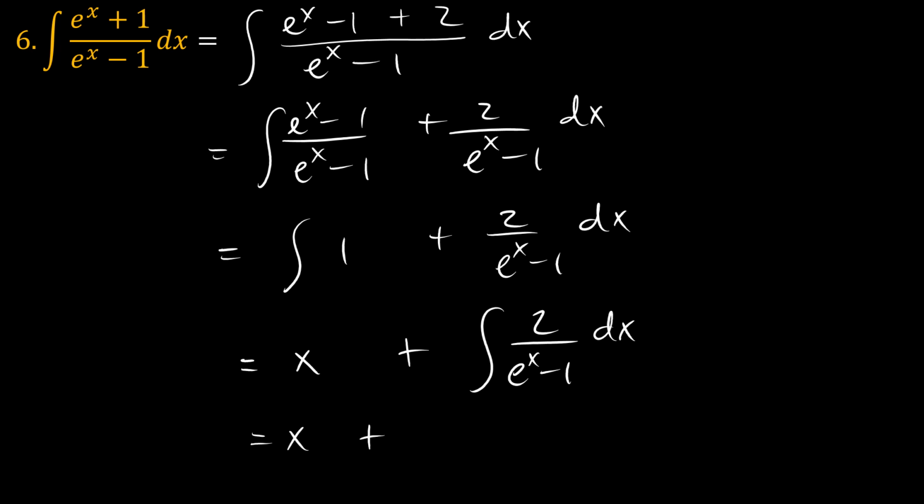I can divide both the numerator and denominator by e to the x, and so we get 2e to the negative x over 1 minus e to the negative x, right?